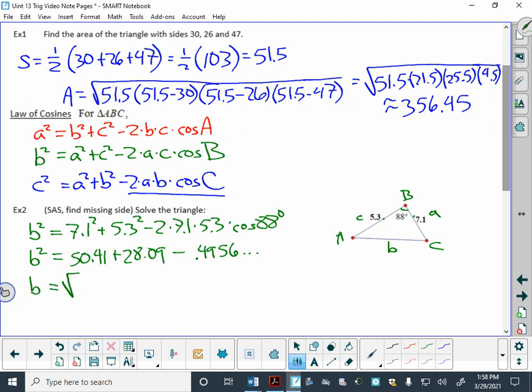Now, what I'm going to do here in practice is, to get b by itself, it's going to be the square root of all of this stuff, and I will just keep that all in my calculator together and say do the square root of the previous answer.